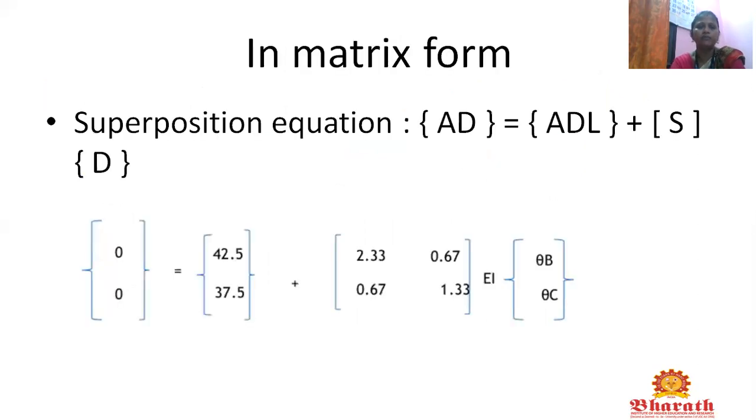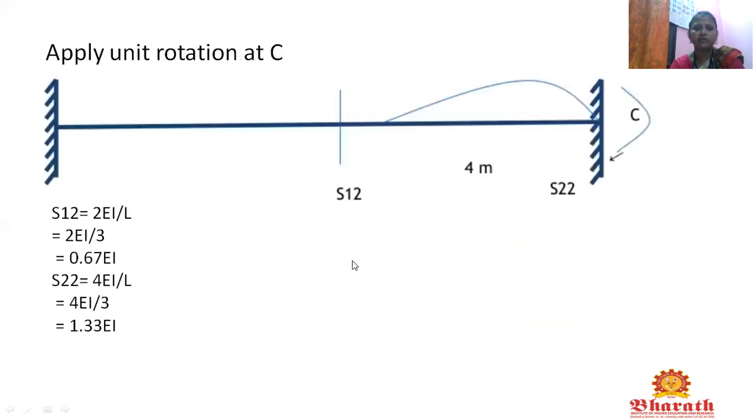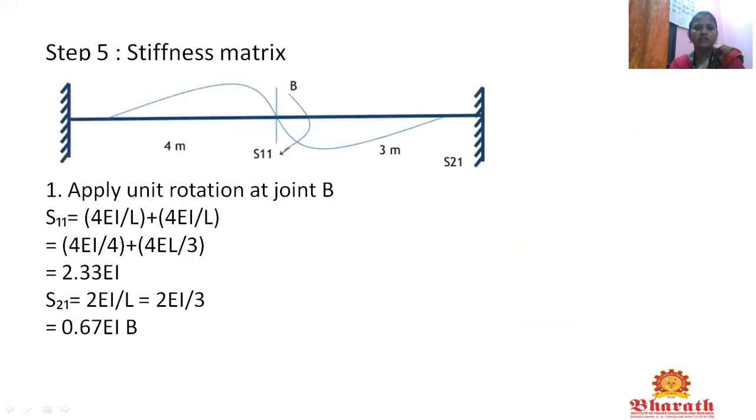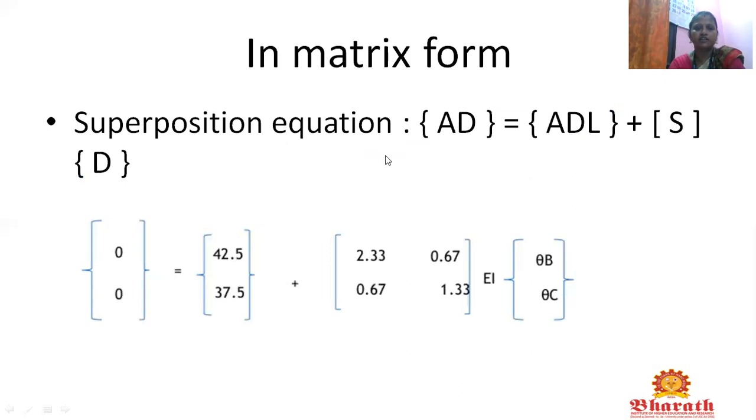Now coming to the matrix form. In this matrix form, AD is the force, which we consider as 0, 0. This is equal to ADL, which we got from the previous steps, and we have to substitute it here: 42.5 and 37.5. Plus the stiffness matrix with S11, S12, S22 and S21.